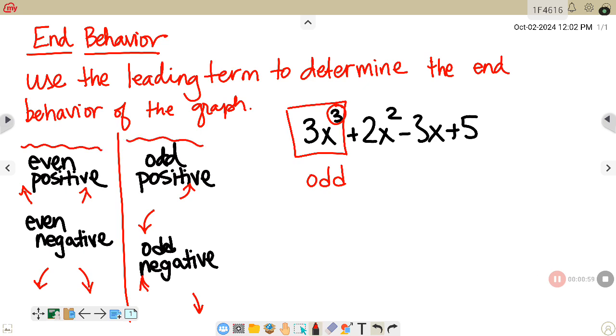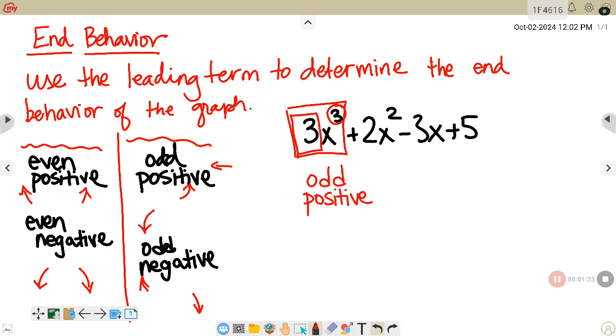The second column is odd, so we are in the odd column. Then you look at the sign of the coefficient. That's a positive 3. So this graph is going to have an odd positive end behavior, which is this one here.